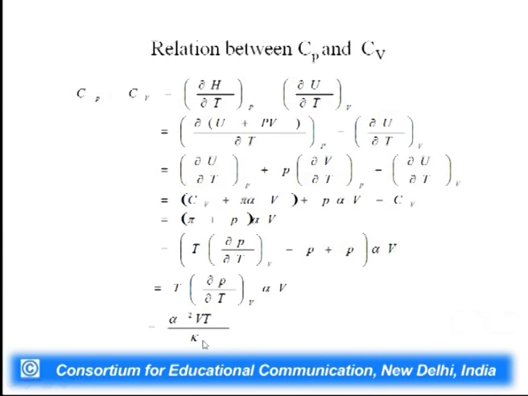So, this is the general equation for Cp minus Cv. This can be applied for both an ideal gas or a real gas. A real gas can be a van der Waals gas or any other gas which follows another model.